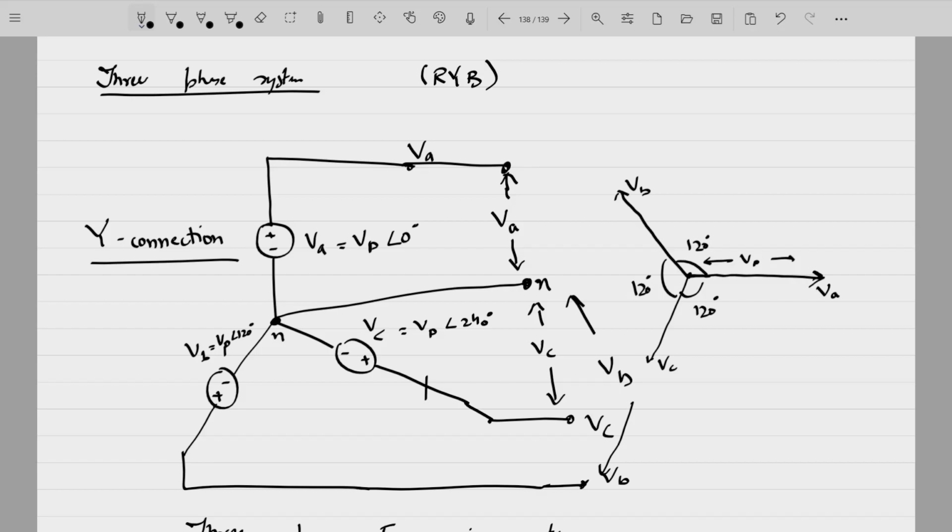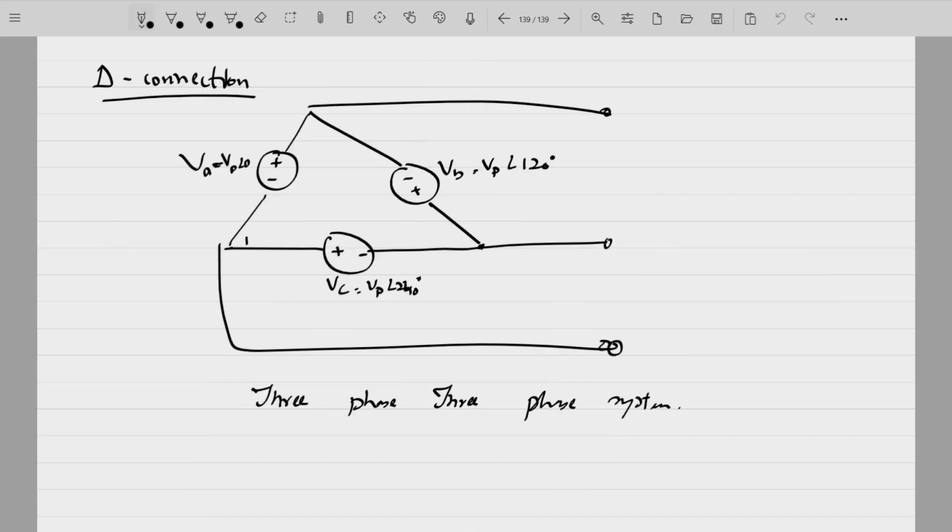Okay, because the neutral wire's potential we will take as 0 here. This is actually the reference node that we were considering in case of a single phase system. So these voltages that are available to us here, that is the voltage difference between the phase and the neutral, are known as phase voltage.